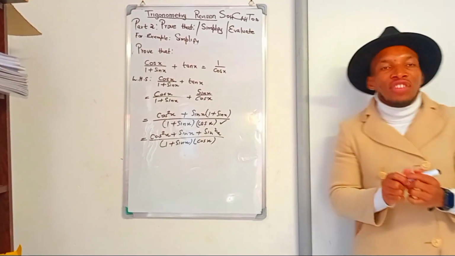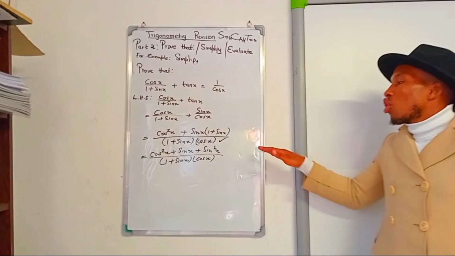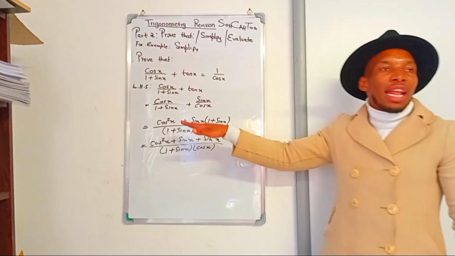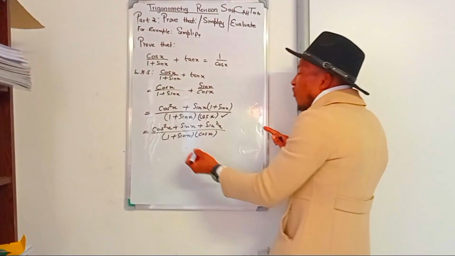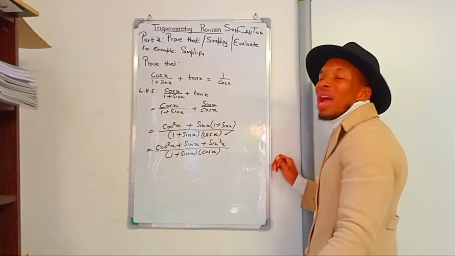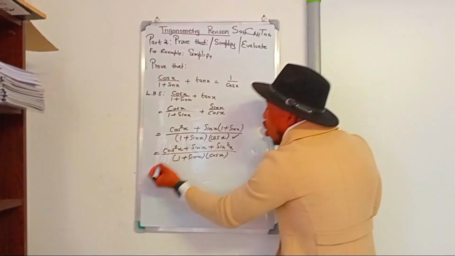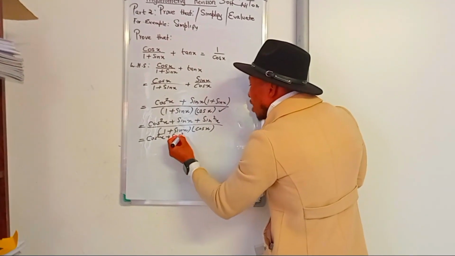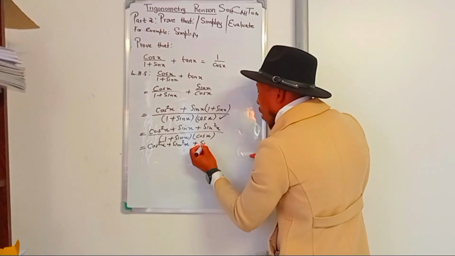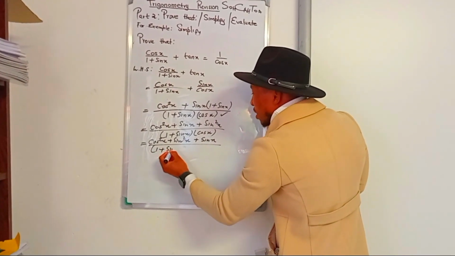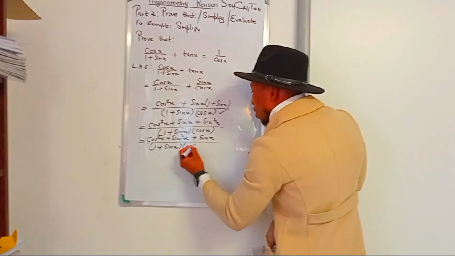Then what you're going to do now is collect the like terms on the numerator. Remember, cos squared x plus sine squared x is going to give you 1. Therefore, all over 1 plus sine x into cos x.